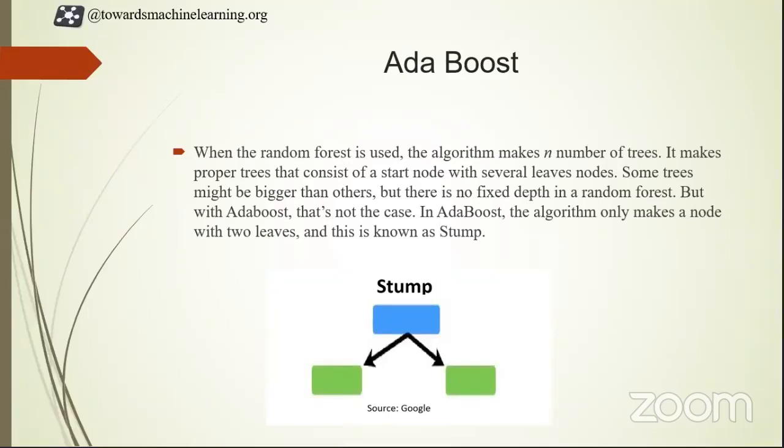But in AdaBoost, it makes a stump, with a single node and two leaves. These are the weak learners in AdaBoost. The weak learners I was talking about in the AdaBoost algorithm are only these stumps.